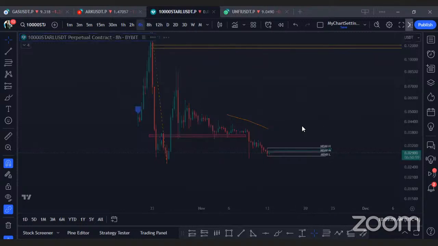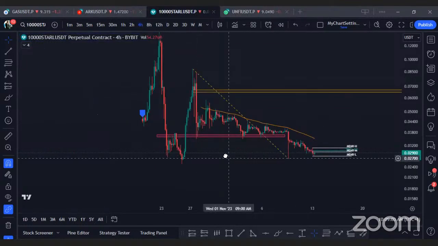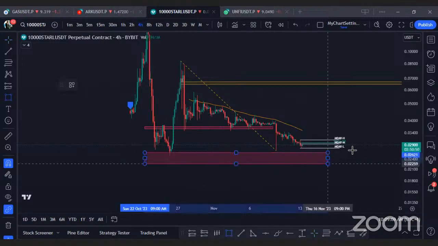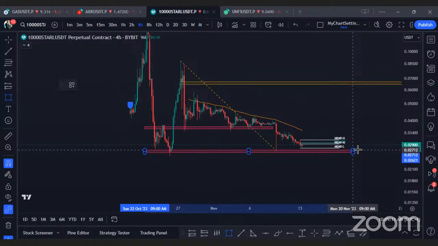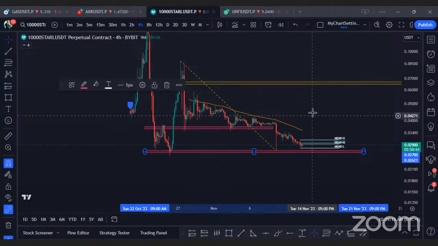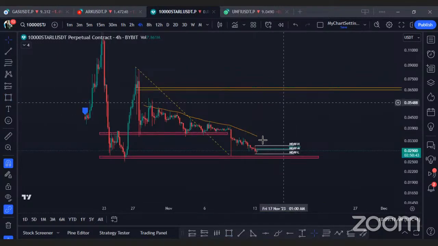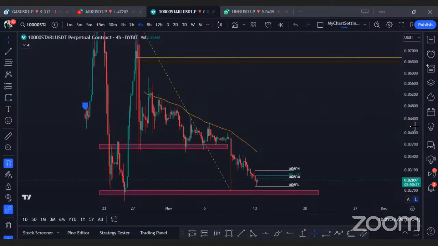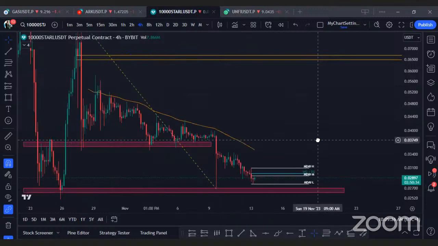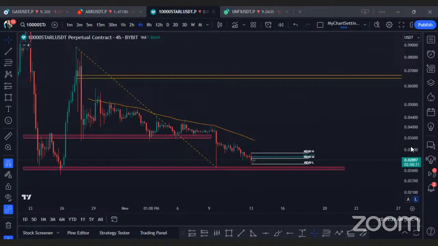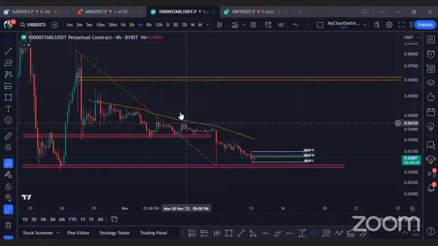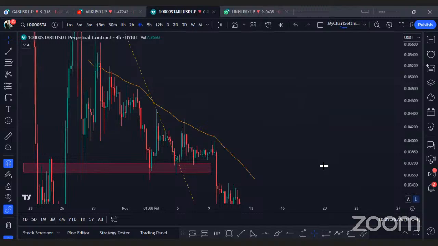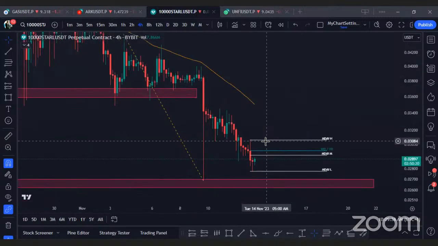I'm still paying attention to the Starlink stuff, right? Still paying attention to the Starlink stuff. Let's see how this will go, actually.